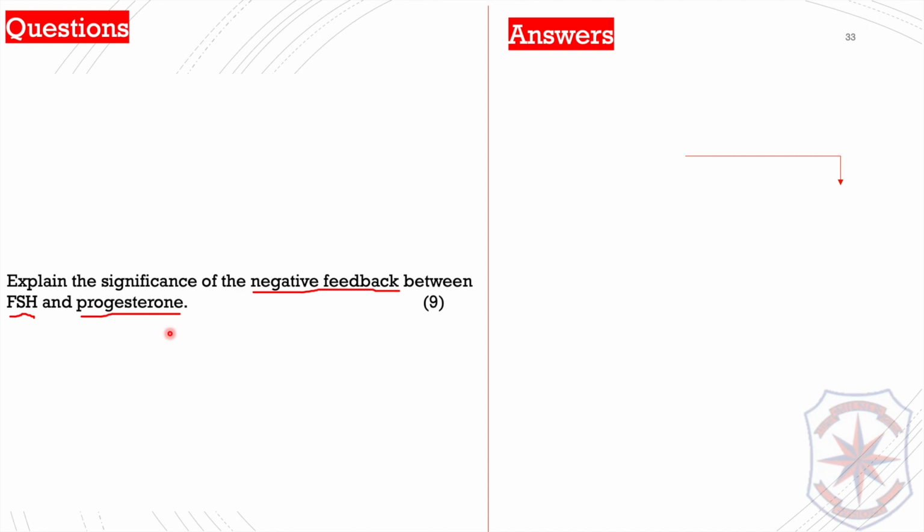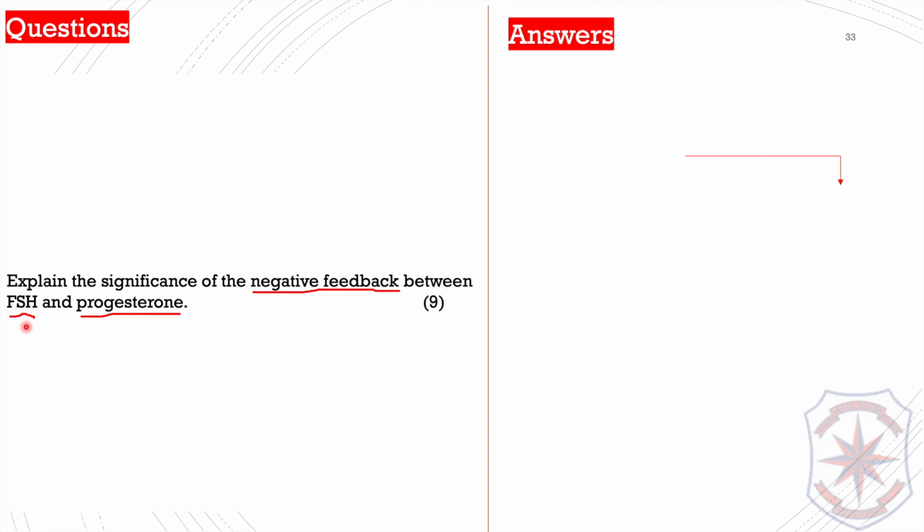Okay, now let's just remind ourselves of something. What is the function of FSH? Remember, the function of FSH is to stimulate the growth of a primary follicle into a Graafian follicle, a mature follicle. And at day 14, that mature follicle will burst, or rupture, to release an ovum.